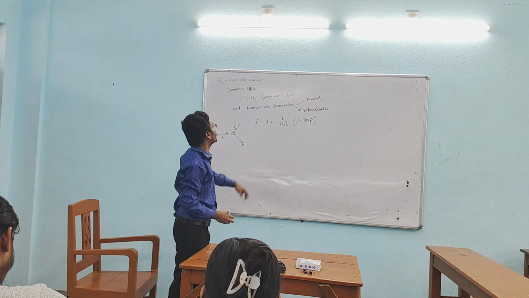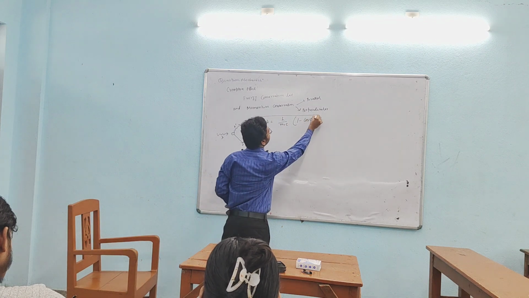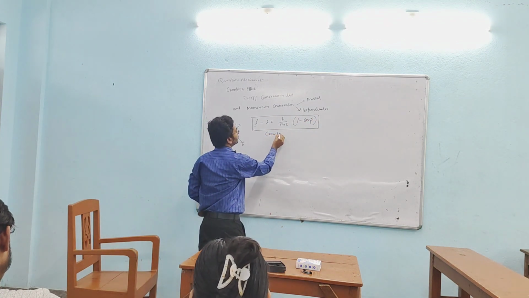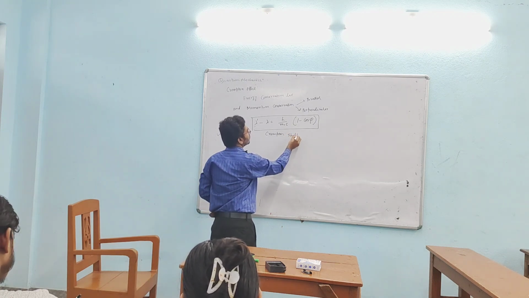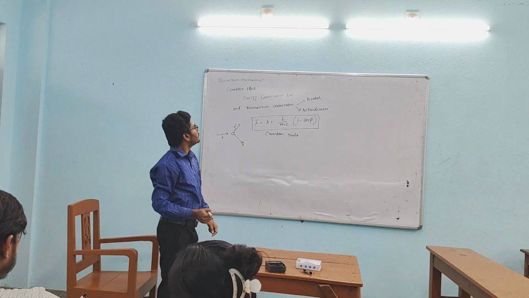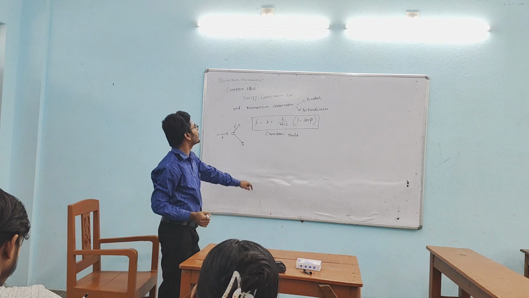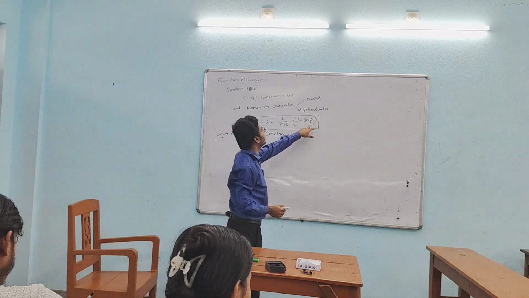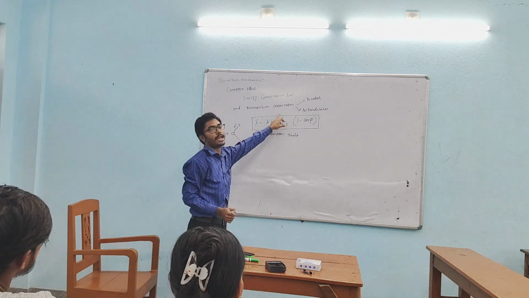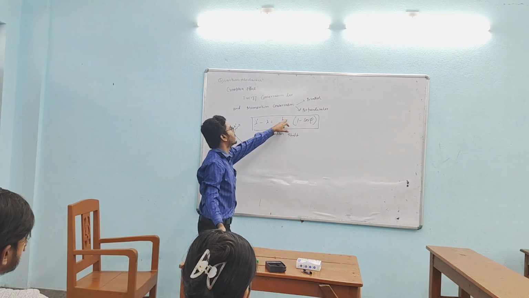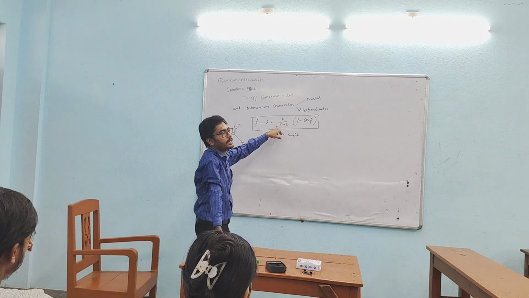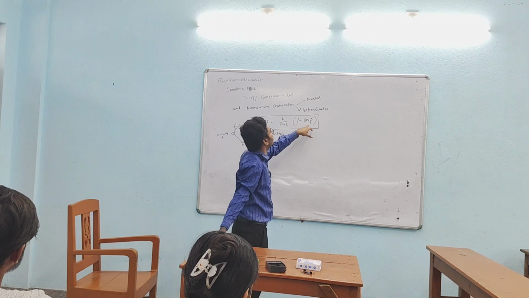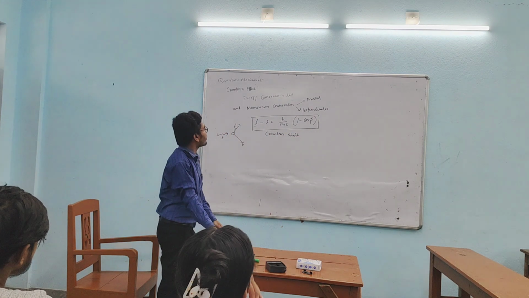This difference is called the Compton shift. It does not depend on anything other than phi, because these are constants. h is the Planck constant, m naught is the mass of the electron, which is fixed, and c is the velocity of light, fixed. So it only depends on phi.